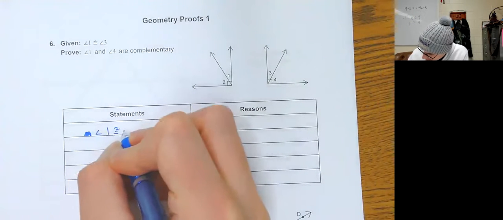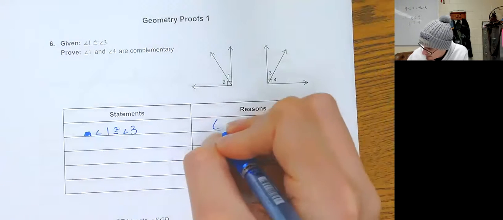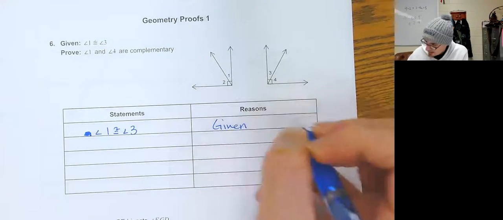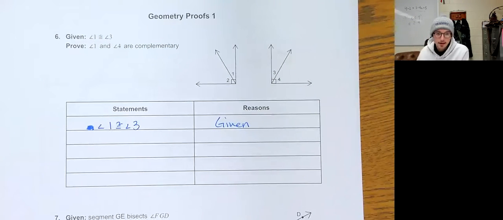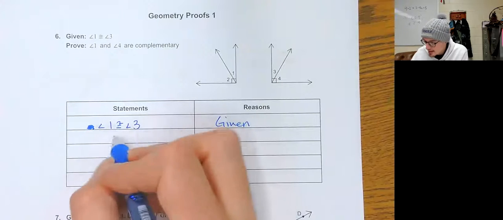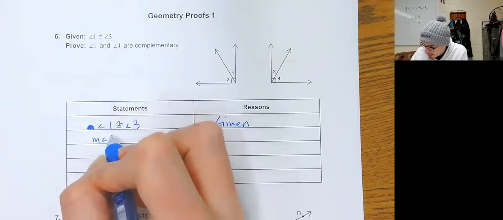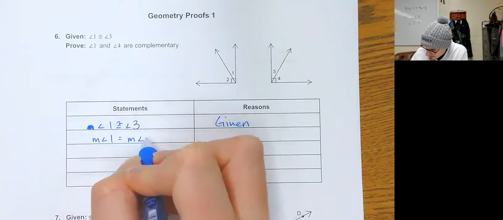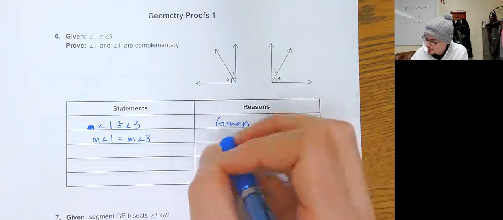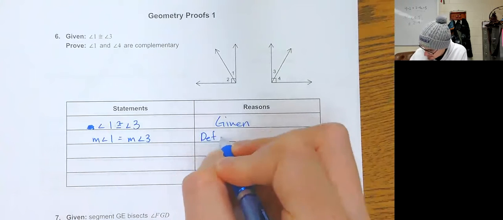Angle 1 is congruent to angle 3, given. I am immediately going to change this to the measure of angle 1 equals the measure of angle 3, right off the bat. And that'd be the definition of congruence.